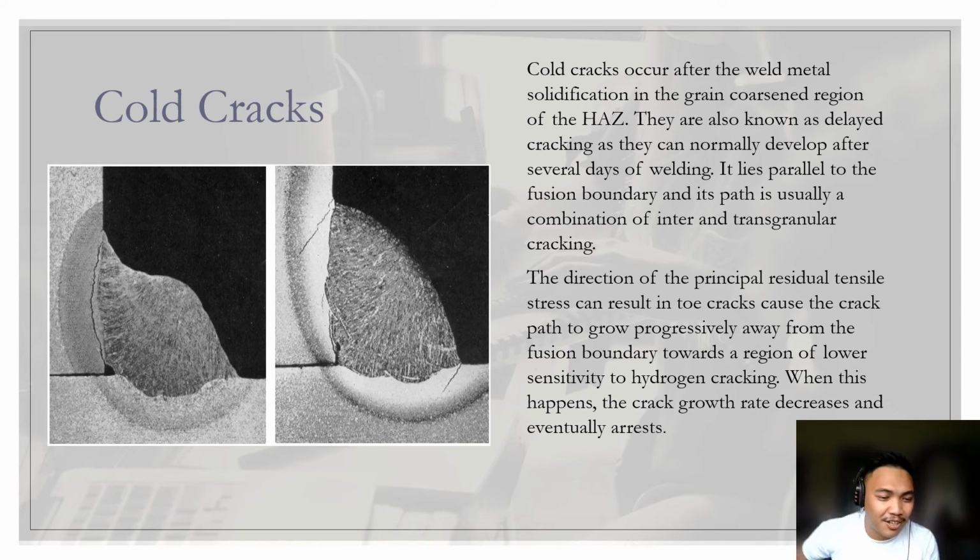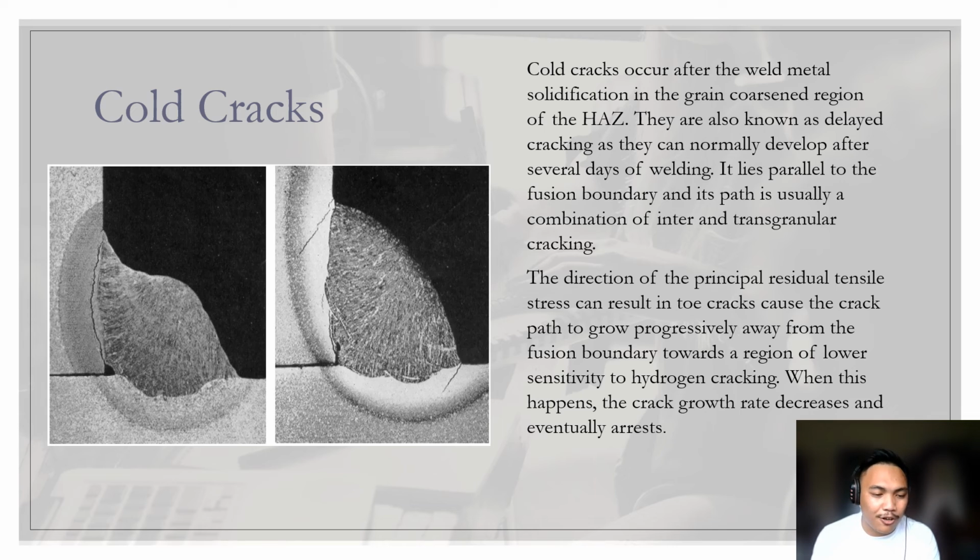Cold cracks. Cold cracks occur after the weld metal solidification in the grain coarsened region of the HAZ. They are also known as delayed cracking as they can normally develop after several days of welding. It lies parallel to the fusion boundary and its path is usually a combination of inter and transgranular cracking.